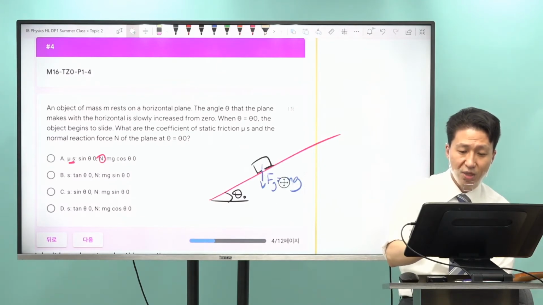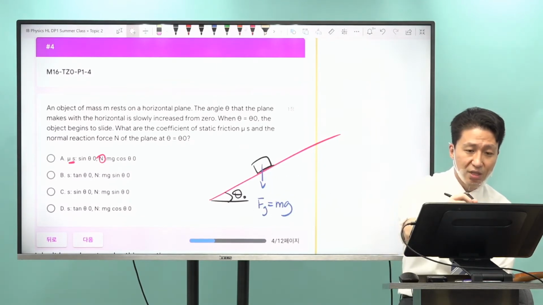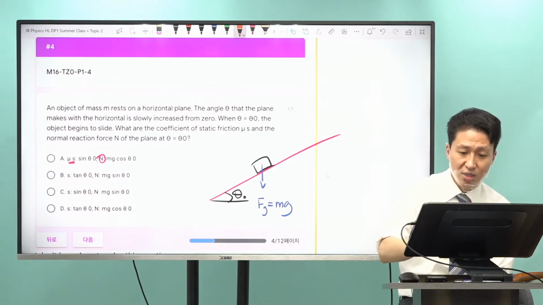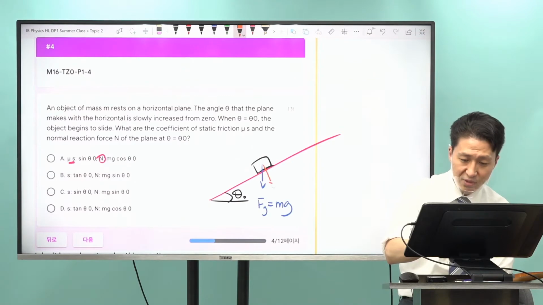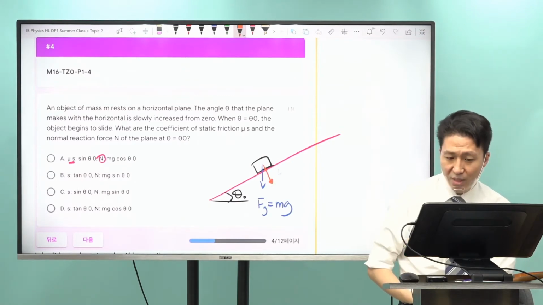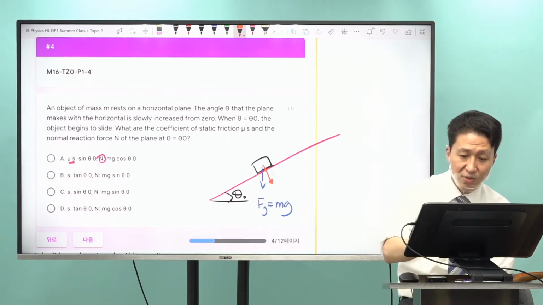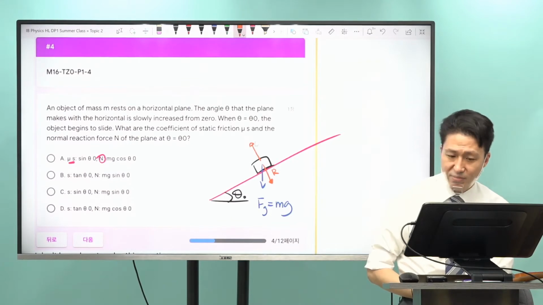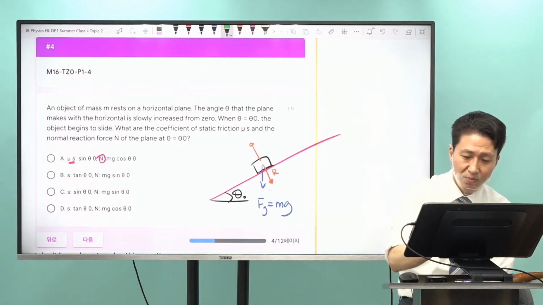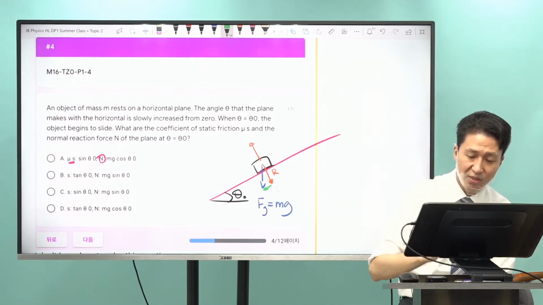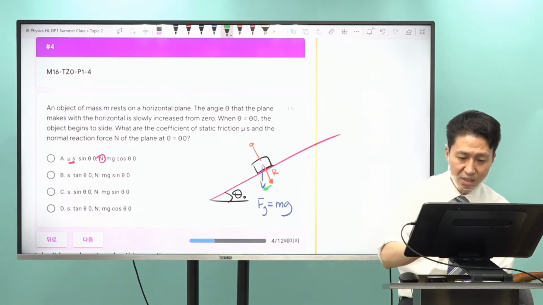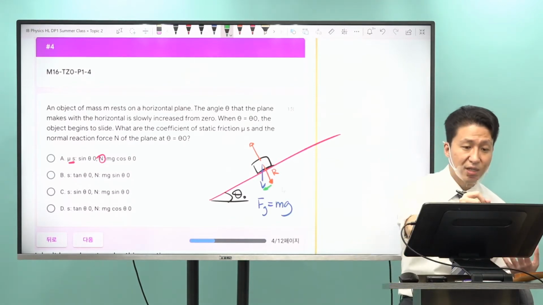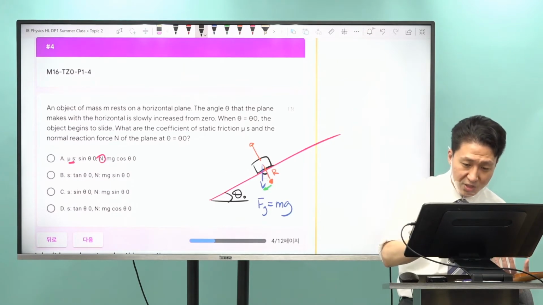So I'm going to move this equation to the bottom, and in its place I'm going to write two vectors, one that is perpendicular to the surface, and this is going to be the same as the reaction force, same size, right? And the second one is going to be parallel to the surface, in green. And let's make the angle here theta.